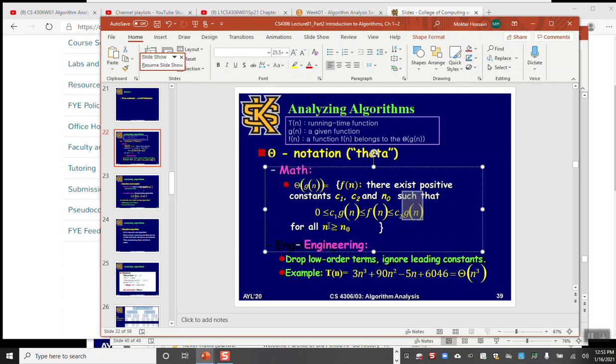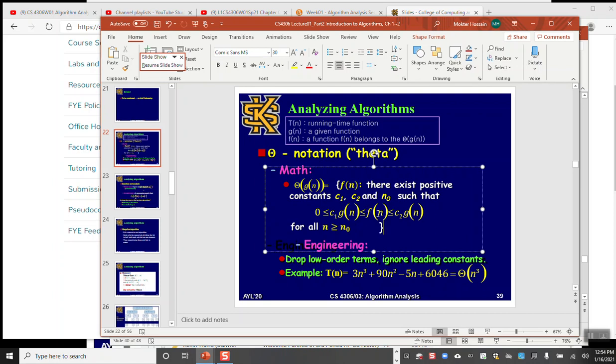So for all n after a certain n0 value, that means after a certain n, if we find such a condition, then we say that this is theta of g of n.